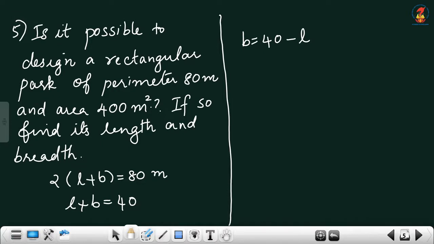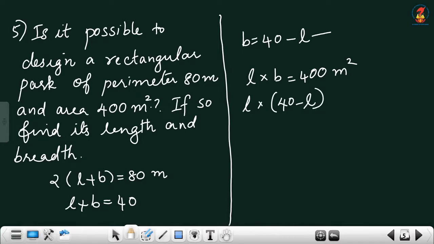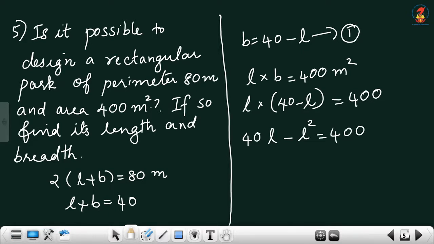And it is given that the area is 400 meters square. Area means L into B is equal to 400 meters square. So, here we can take L as L itself and B as 40 minus L using this equation, L into B is equal to 400 meters square. So, this is 40L minus L square is equal to 400.